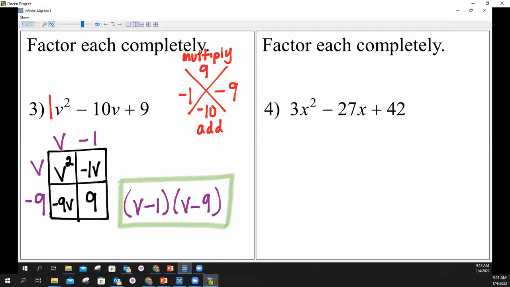And let's take a look at question number 4. We begin by looking for our GCF. And this one does have a GCF, and it's 3. So let's divide everything by 3.